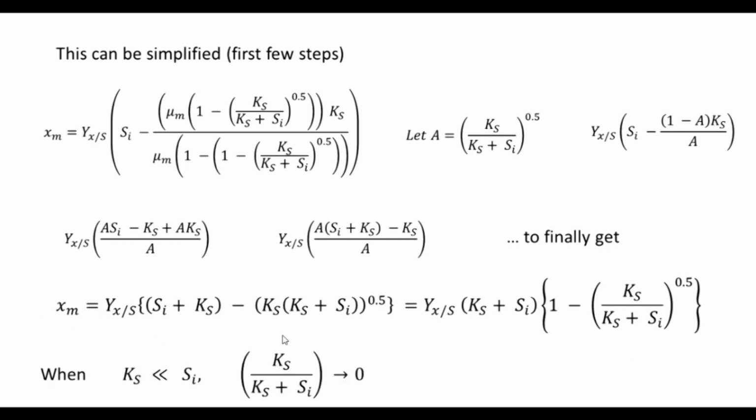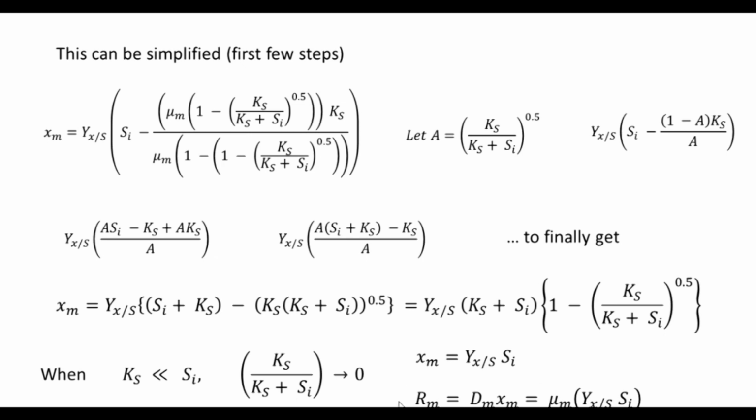Now, when Ks is much less than Si, we saw that this term tends to 0: the denominator can be replaced with Si, and the denominator is much larger than the numerator, therefore it will tend to 0. So in such a case, Xm would be directly Y X/S times Si.